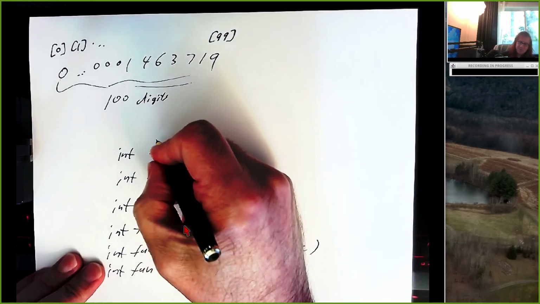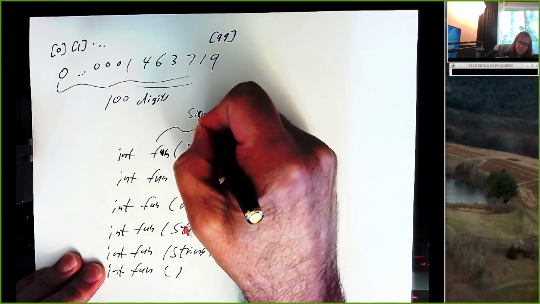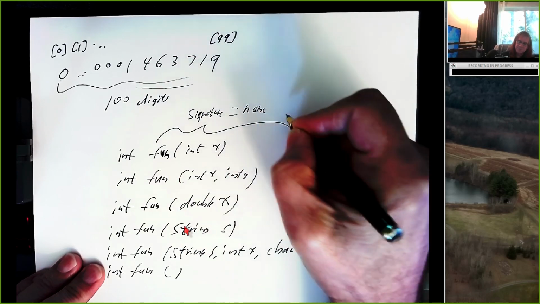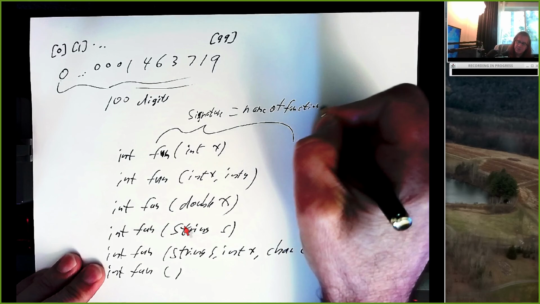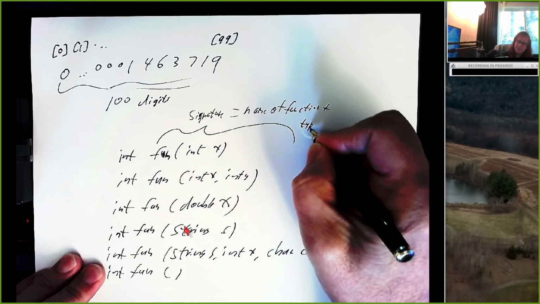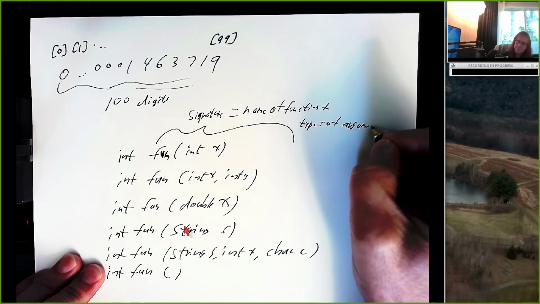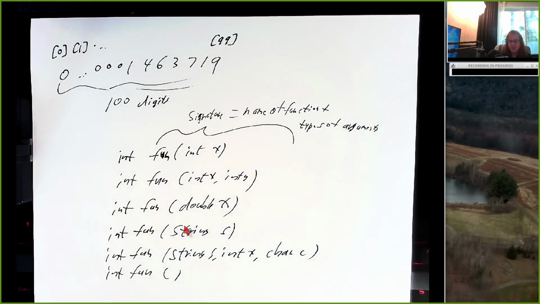So this is something called the signature, which is the name of the function plus the types of the arguments. Types and, by extension, the number of arguments.